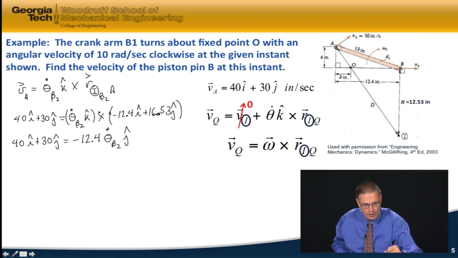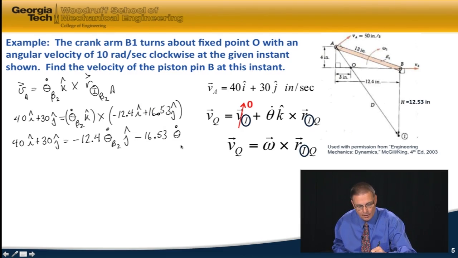And then I've got K cross J is a minus I, so minus 16.53 theta dot B2 in the I direction.